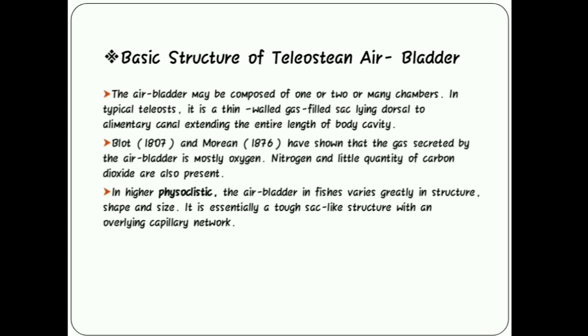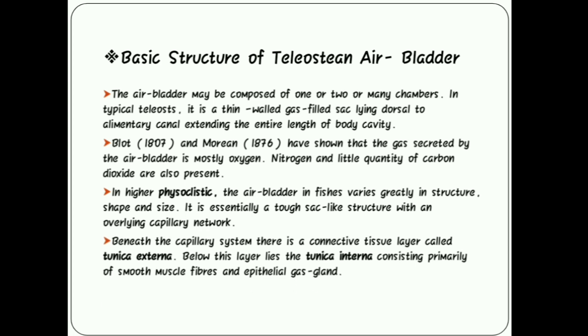It is covered by a capillary network. Beneath the capillary system, there is a connective tissue layer called the tunica externa. Below this, the tunica interna consists primarily of smooth muscle fibers and epithelial gas gland.